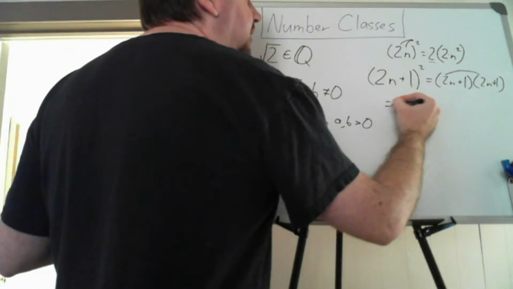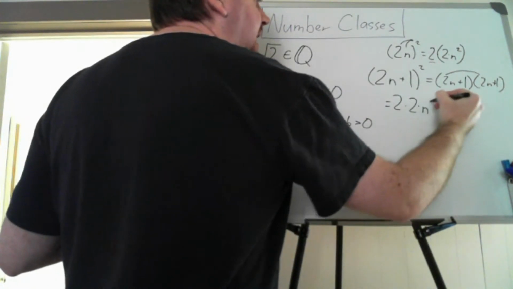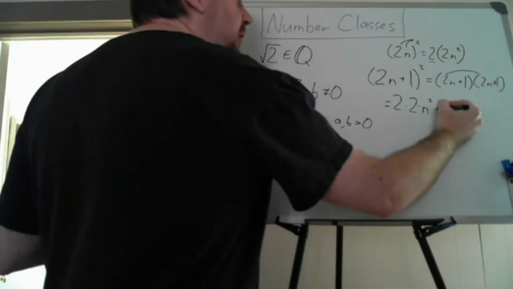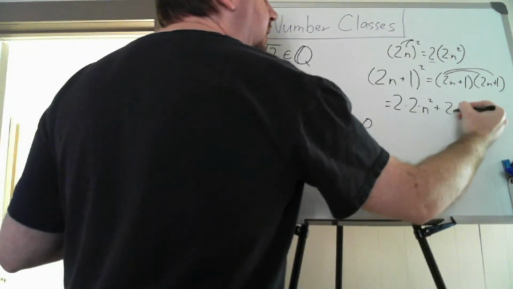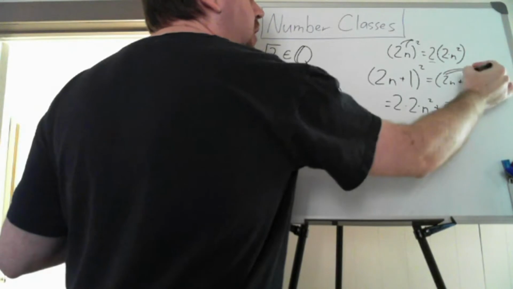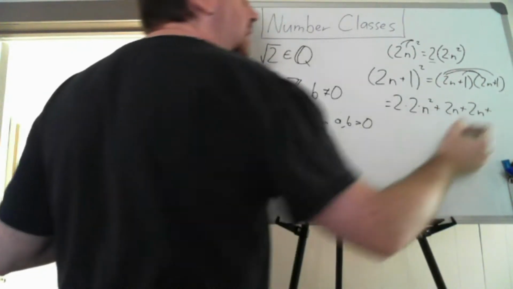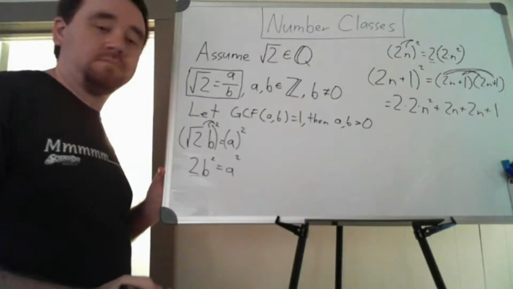All right, well that's going to give me 2 times 2 times n, which is n squared, plus, and then I've got 2n times 1, so that's just 2n, plus 1 times 2n, that's just 2n, plus 1 times 1, and that's just 1.